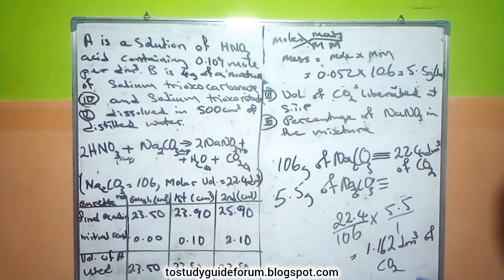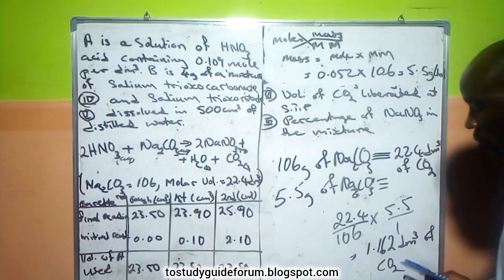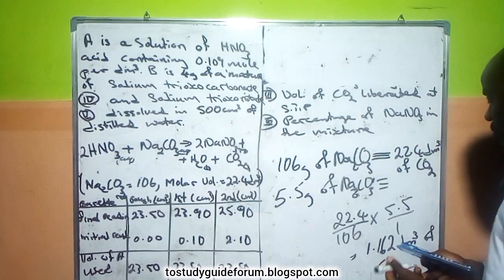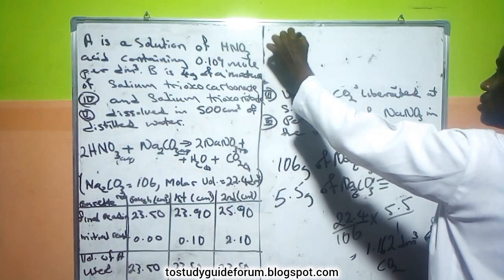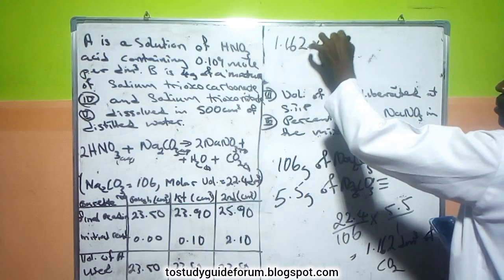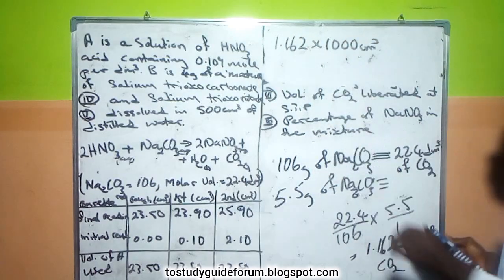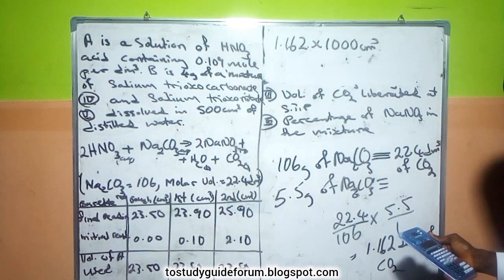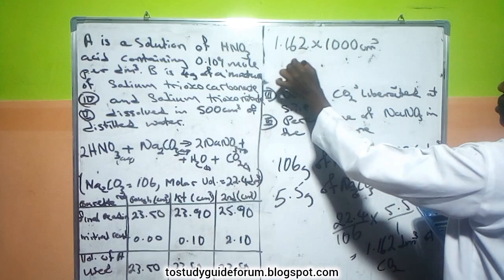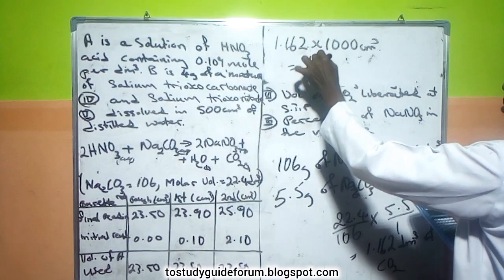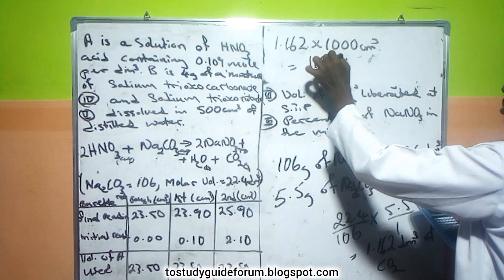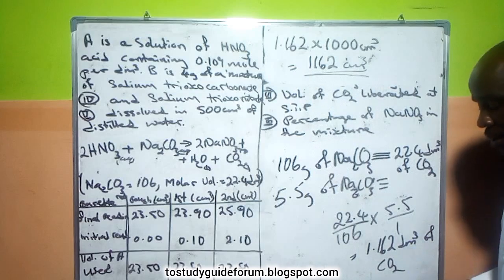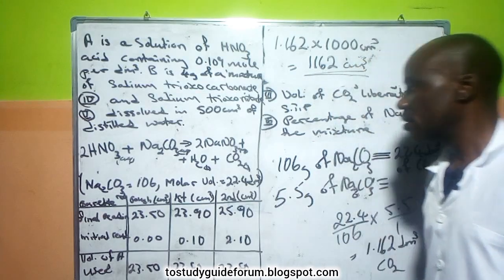Now if you want to convert it to cm cube, you multiply by 1000. So we multiply by 1000 cm cube, and what we have will be equal to 1162 cm cube. That is what will be liberated at the end of the reaction.